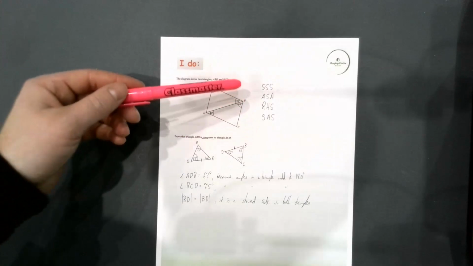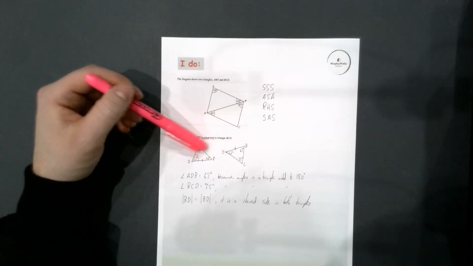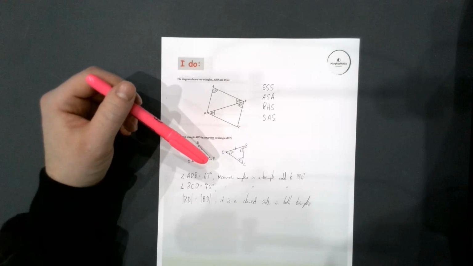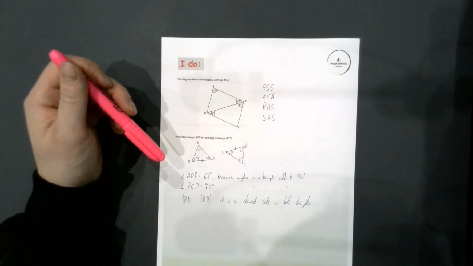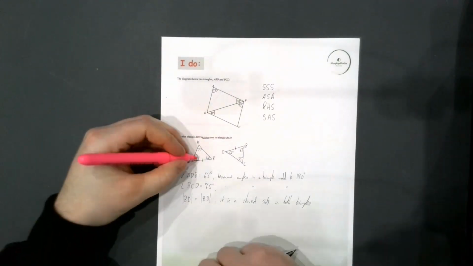The final step now is to try and identify, is there any one of these that I could possibly use? Well, side, side, side, I don't know all the sides. I only know that BD is the same in both, so they share one side. Angle, side, angle. If we look at angle, side, angle, I've got 63 degrees here.